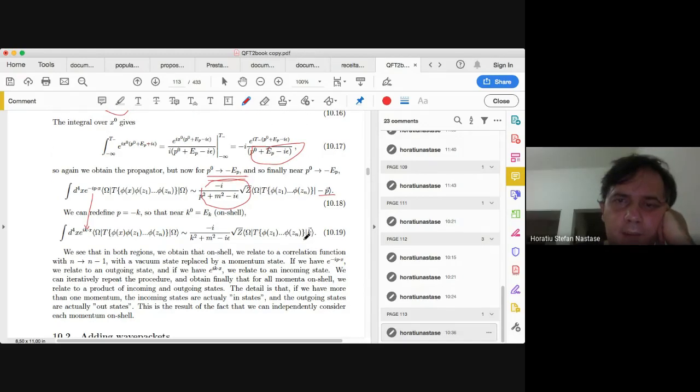Note that now we have an ingoing state, right? Now we have k ingoing, and this factor e to the plus ikx in the Fourier transform.